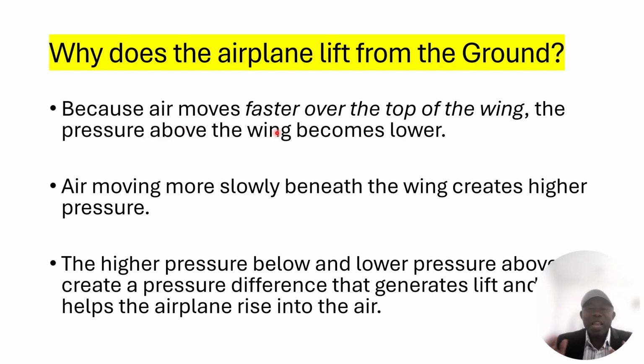The wings were designed by a man called George Taylor, so that the wind moves faster at the top and creates a low pressure. It's like a building. When wind blows, it takes off the roof of a building. It does not take off the foundation. Why? Because the wind moves faster at the top than at the bottom.